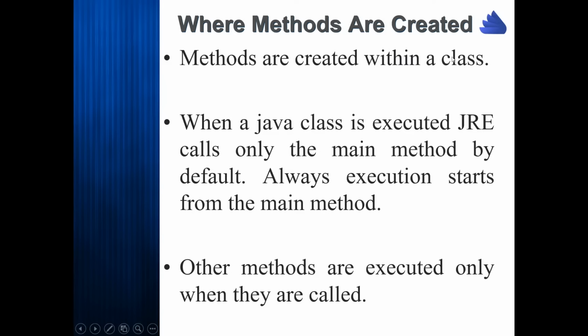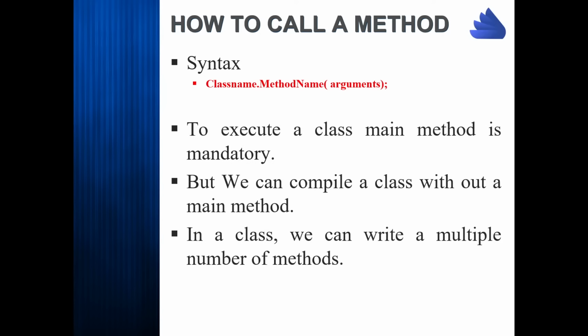Next step. When we execute a Java program, the JRE always calls the main method by default. And how to call a method? If we write our own methods, we need to call that method to get it executed, right?